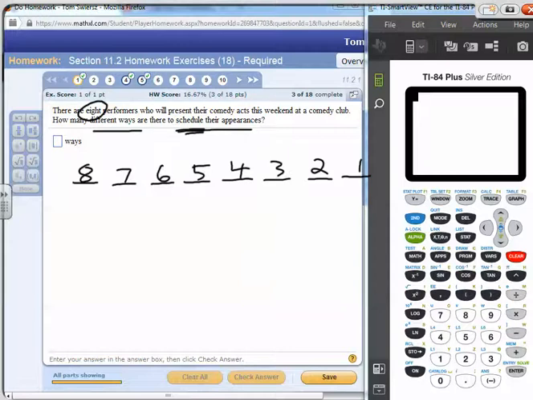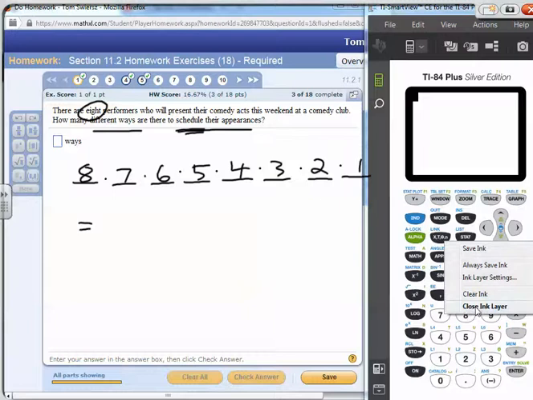Now, by the fundamental counting principle, we can multiply these numbers together to get our answer. There are 8 choices, 7, 6, 5, 4, 3, 2, 1. So we multiply these numbers together, and that gives us our answer. There is a shortcut on the calculator, which I'll show you in a minute.